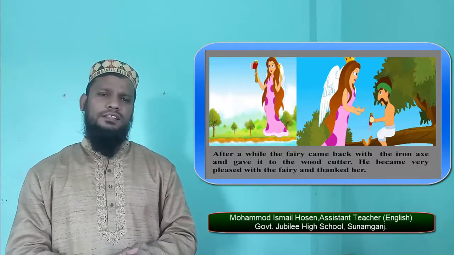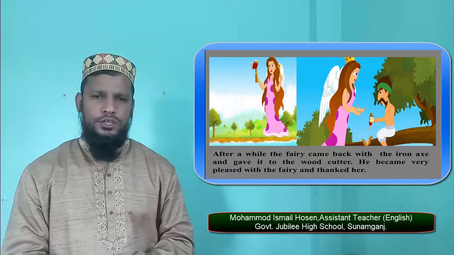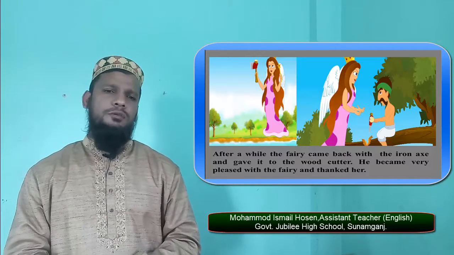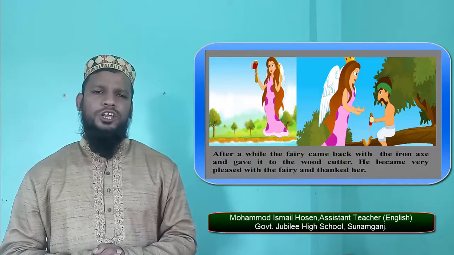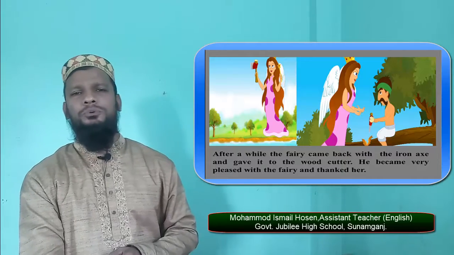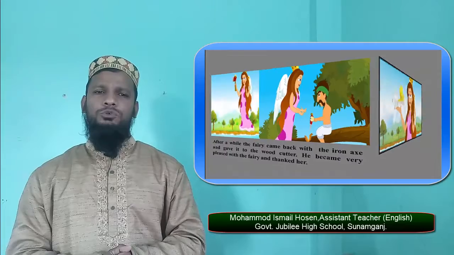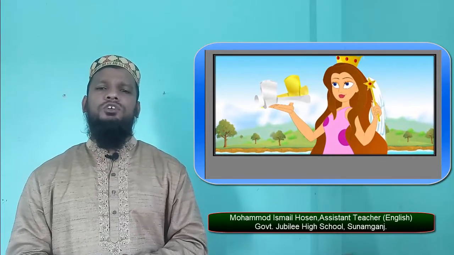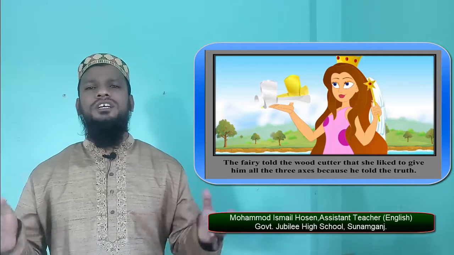After a while, the fairy came back with the iron axe and gave it to the woodcutter. He became very pleased with the fairy and thanked her. The fairy told the woodcutter that she liked to give him all three axes because he told the truth.